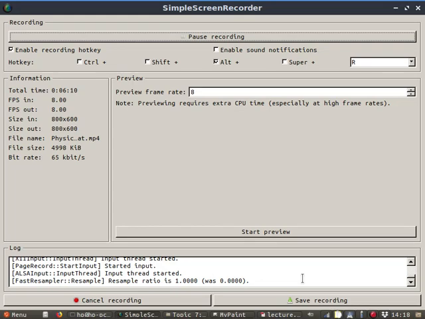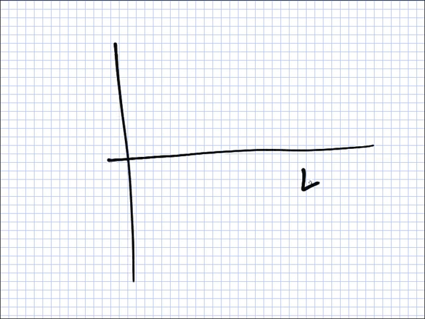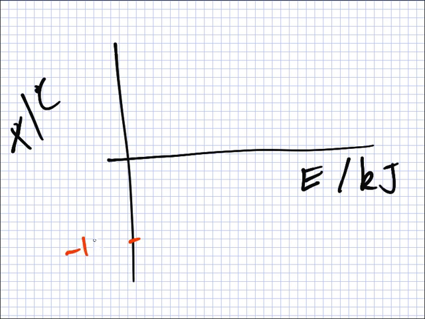It doesn't have to be. For example, if I'm doing this in the exam, I would draw my graph like this. Here I'd put energy in kilojoules, and here temperature in Celsius, and here I mark off maybe 100.